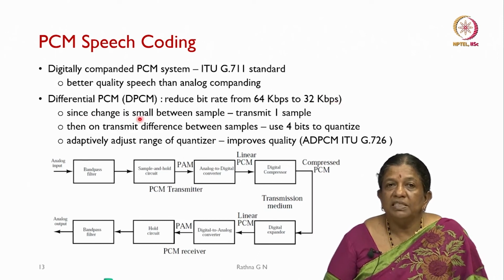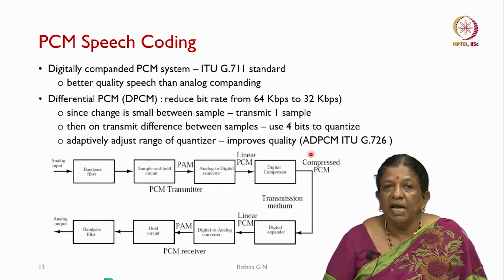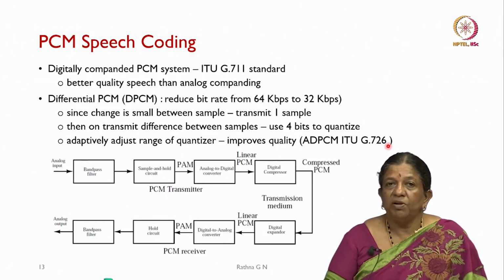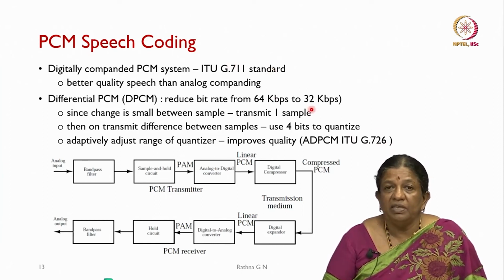Since the change between samples is small, transmit one sample, then transmit the difference between samples, use 4 bits to quantize and adaptively adjust the range of the quantizer. That is going to improve the quality. When you do adaptation, DPCM is named ADPCM, which has the standard G.726. So, you can see G.711 and then G.726 for ADPCM.